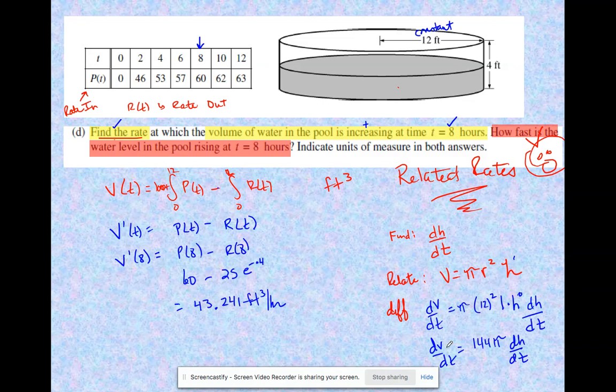The rate of change of volume at 8. What is the derivative of volume with respect to time at 8? Oh, snap. I found that, didn't I? That was the given rate.